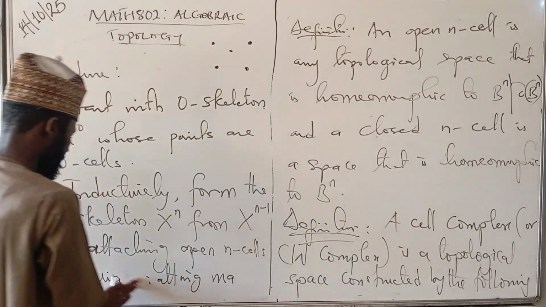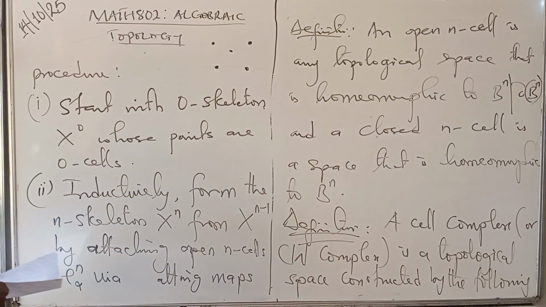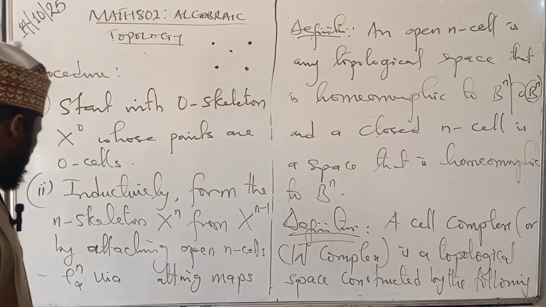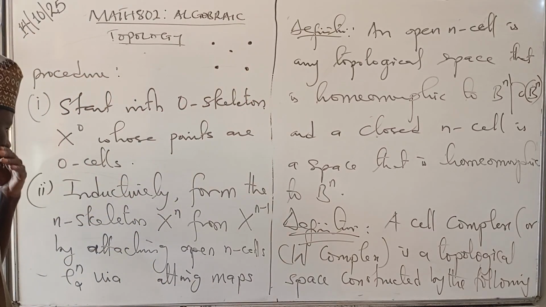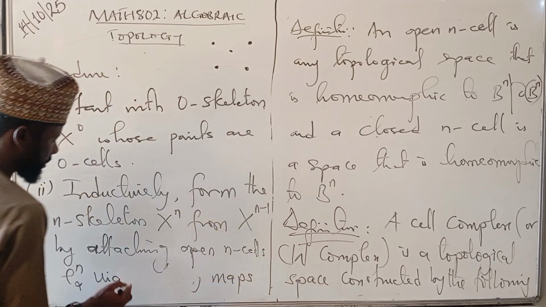They are attaching maps, so this is a family of mappings. So what you do, you keep attaching open n cells via attaching maps.